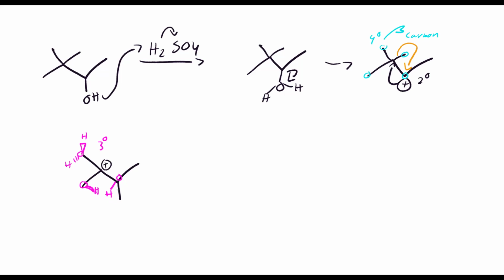Well, notice that we're going to favor Zaitsev because this is an acid reaction. And so we have to ask ourselves, which is more favored? Is this favored? Is this favored? Or is this favored?